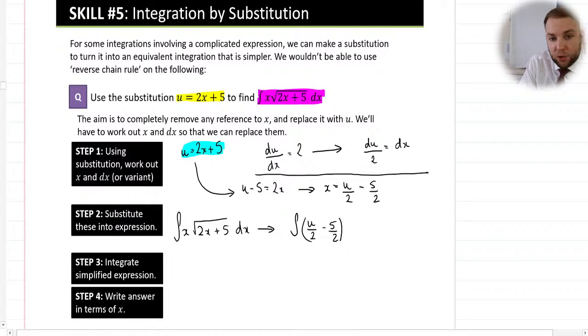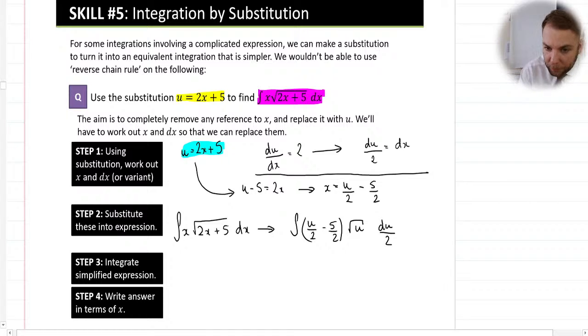Well, I know that the root of 2x plus 5 is equal to u, so that's going to be root u there. And then I'm going to replace this dx with the differential over here, which is going to be du over 2. So I've substituted and I've replaced all of those terms so that it's now in terms of u.